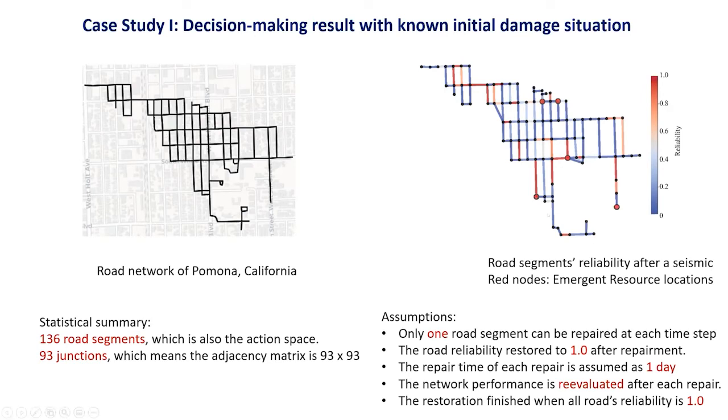We also have a few assumptions: at each time step we only repair one road segment, the road reliability recovers to 1 after repair, and the repair time of each road segment is assumed to be 1 day. The network performance is re-evaluated after each repair, and the restoration finishes when all the road reliability has recovered to 1.